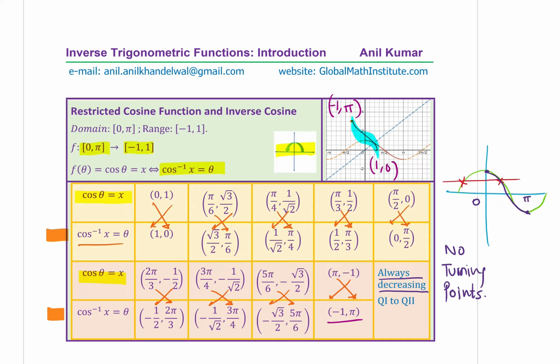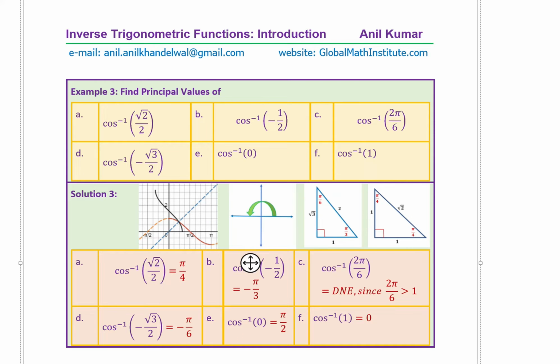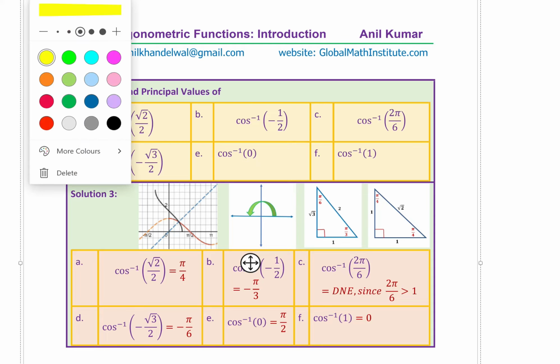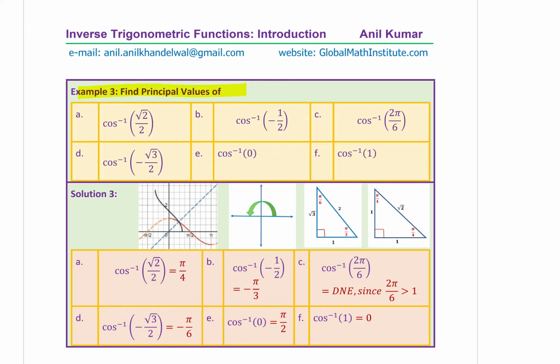Clear? So that is how we are going to sketch the function and understand it for our discussion in this part of the video. Okay, so let's move on and take examples based on how we find the principal values for the given inverse functions.